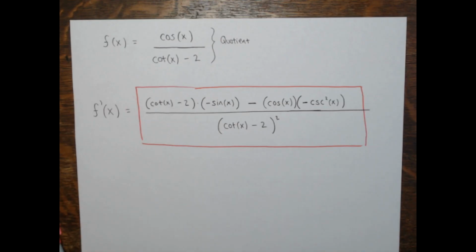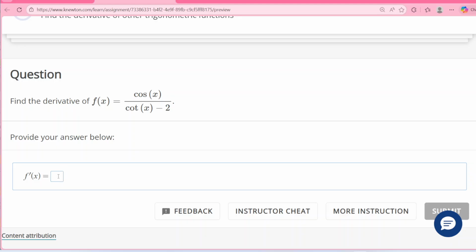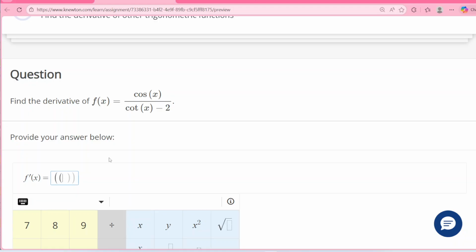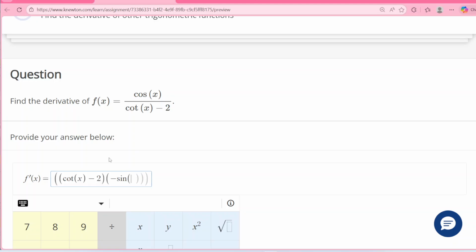So I'm going to type that as it looked here where it says f prime of x equals. You gotta be careful with the fractions, so I'm going to use a set of parentheses. So everything inside this first set of parentheses is going to be in my numerator. So this is all in the numerator. So you got the denominator, so another set of parentheses, cotangent of x minus 2 times negative sine x.